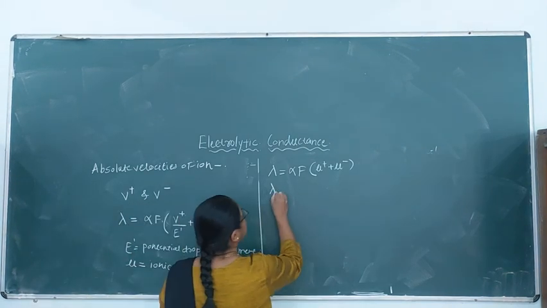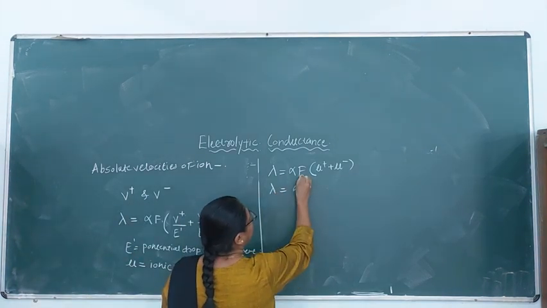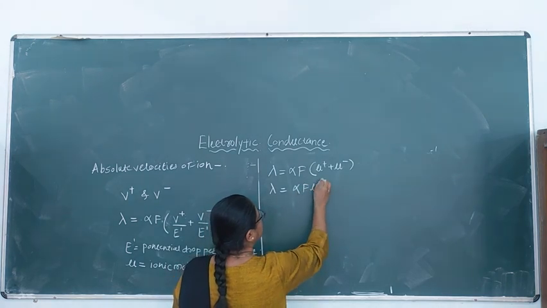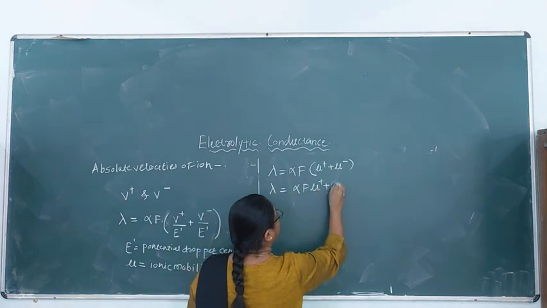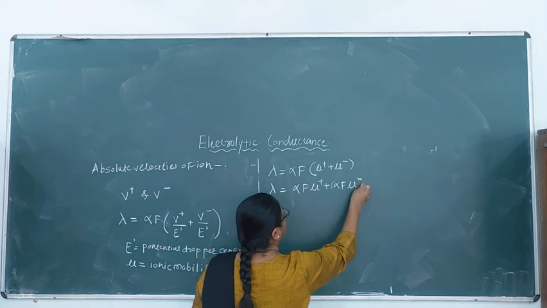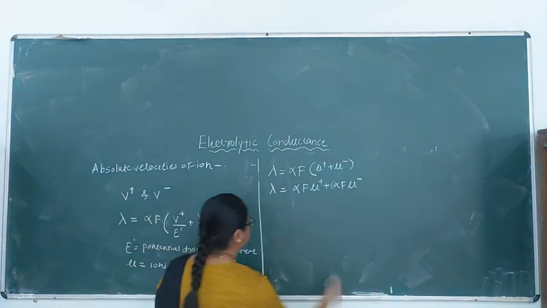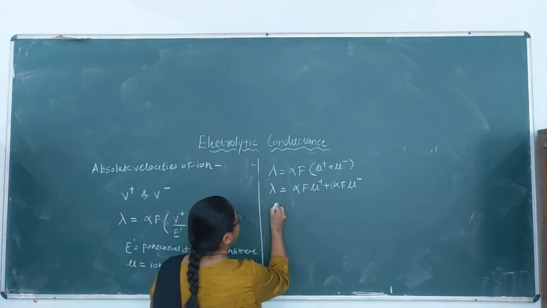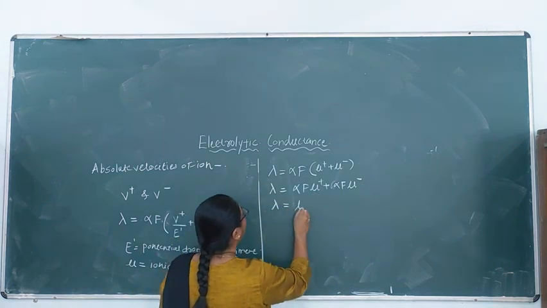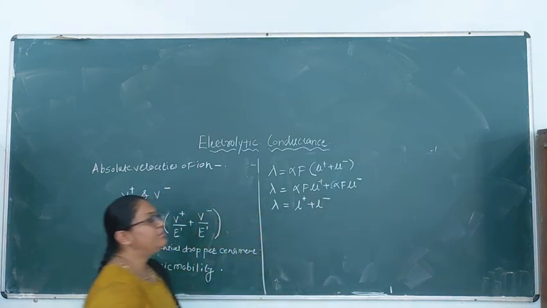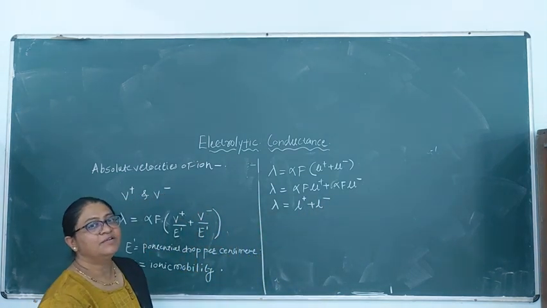That means lambda is equal to, if I multiply these terms inside, it becomes like this, right? And here, according to Kohlrausch's law, we can write it as L plus plus L minus.